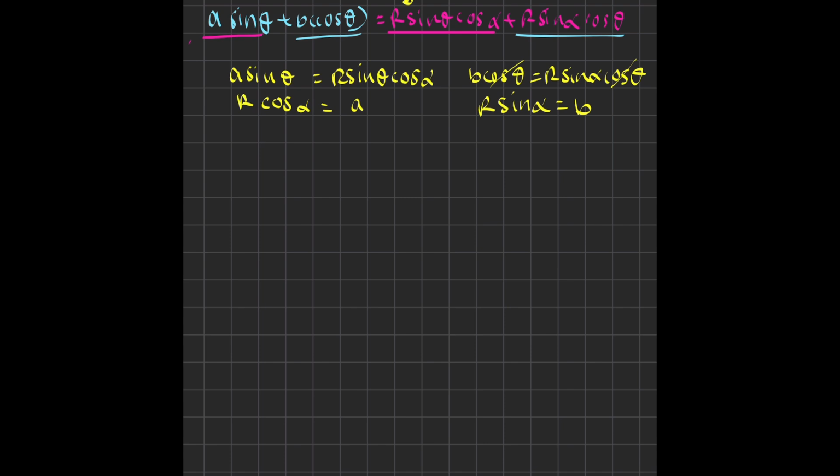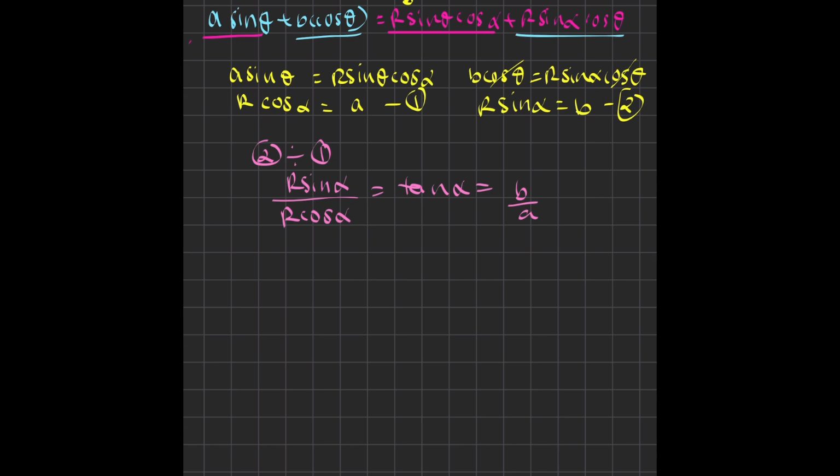And so from this, if this is our first equation and this is our second equation, then from here we can say, if we have the second divided by the first equation, we'll have r sine alpha by r cos alpha equals tan alpha equals b on a, right?